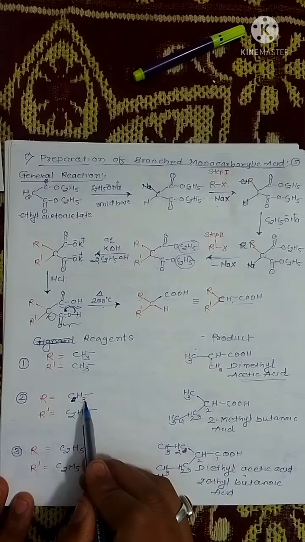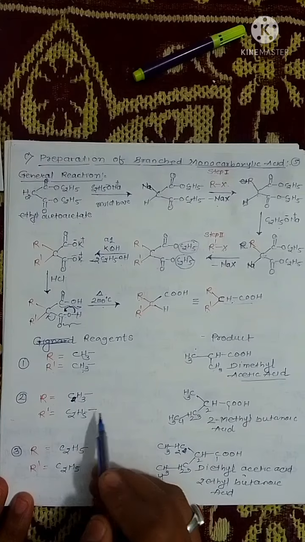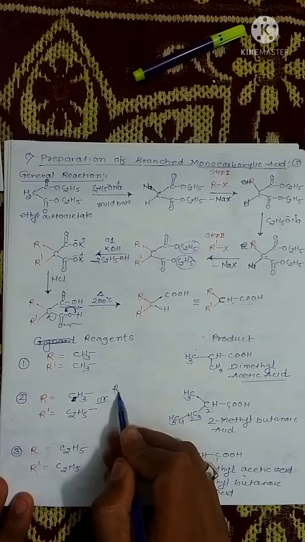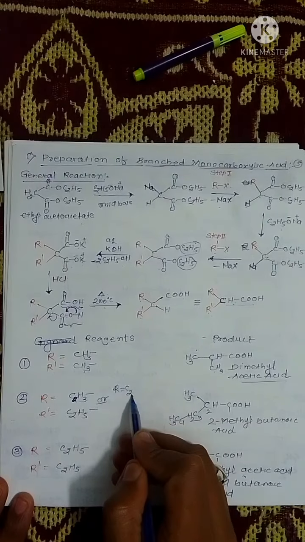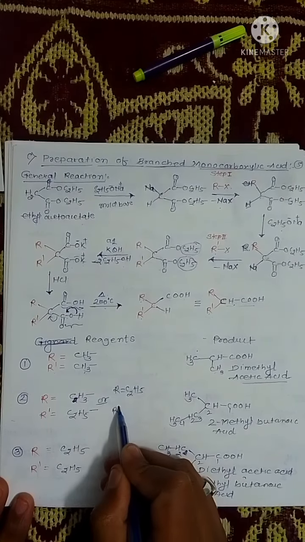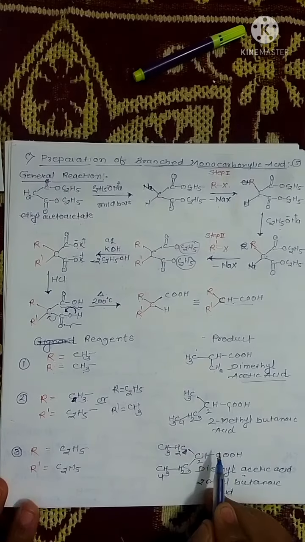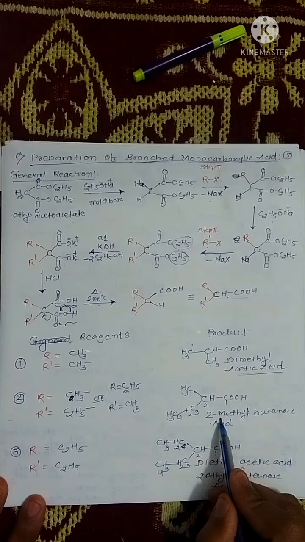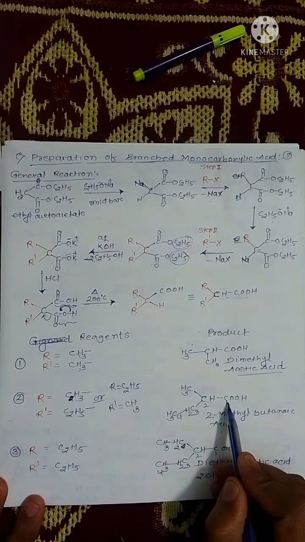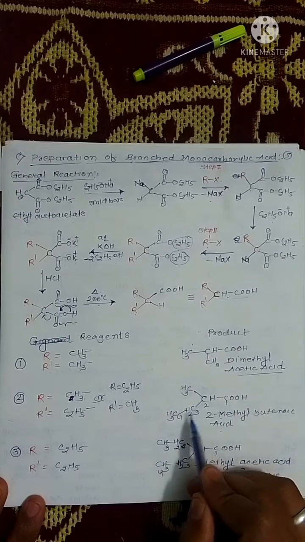If R is equal to CH3 and R dash is equal to C2H5, or R is equal to C2H5 and R dash is equal to CH3, what is going to happen? We get 2-methyl butanoic acid. Numbering starts from the carboxylic group, so 1, 2, 3, 4.